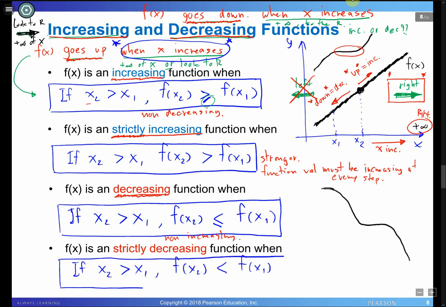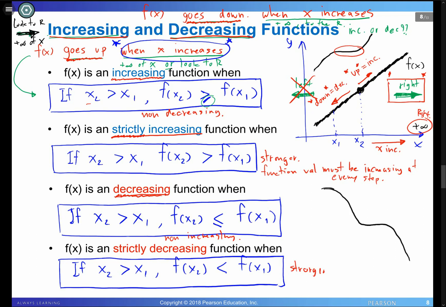And as you know, this one is stronger than the definition for a decreasing function. And that is all you need to know about the definitions and properties of increasing and decreasing. It's not just about going up. You need to know which direction you are looking at your function, and it has to be to the right.